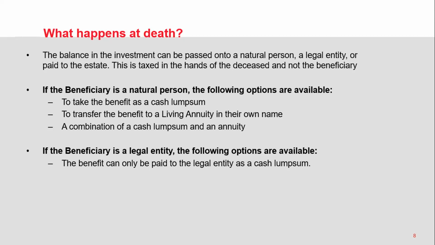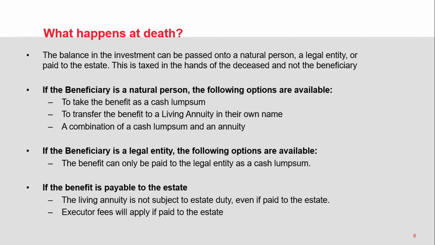So if your beneficiary is a legal entity, there's only one option, which is to receive the full portion as a cash lump sum. And if you elect to pay this money to your estate, it's also just a cash portion. We obviously just pay the balance out in cash. But one thing to note is that the living annuity isn't subject to any estate duty, and that's not dependent on whether the portion is paid to the estate or not.